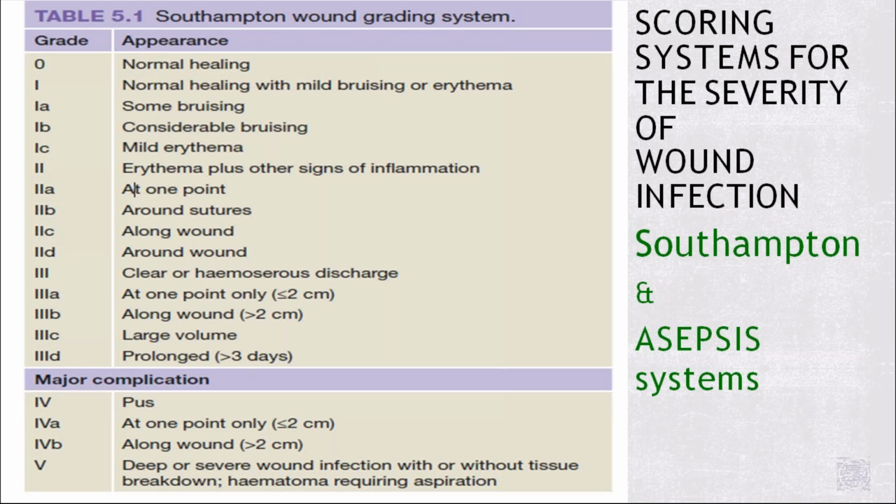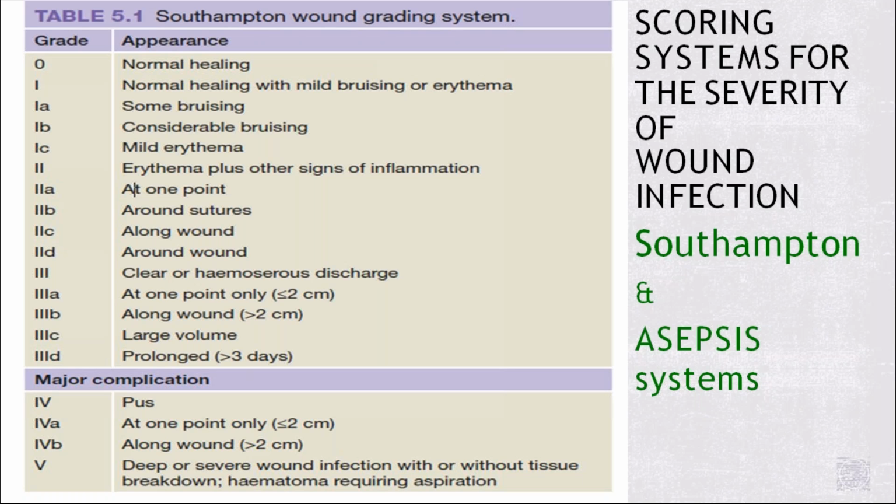So 2 includes the erythema plus other signs of inflammation. So 2A is these signs of inflammation at only 1 point, whereas 2B is around sutures, whereas 2C is along the wound, whereas 2D is around the wound.